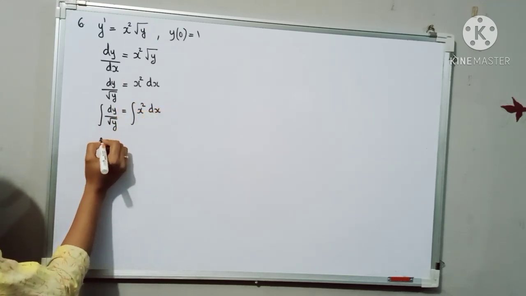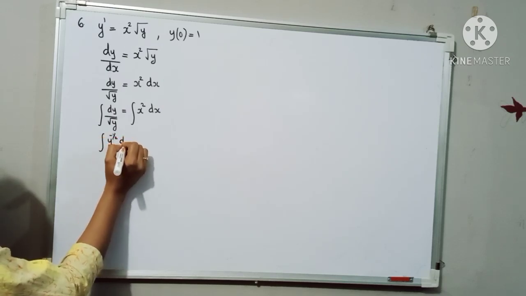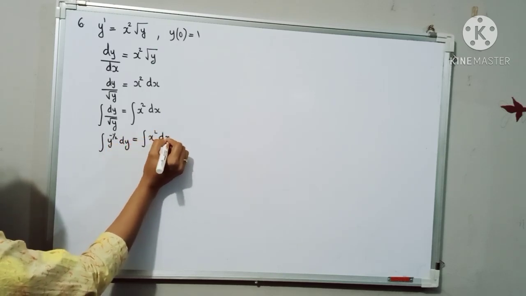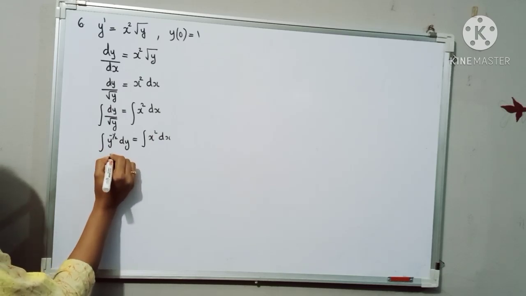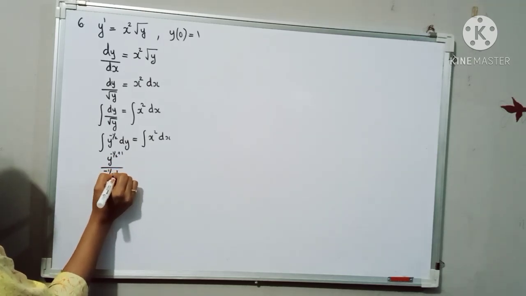Now this 1 by root y can be written as integral y raised to minus 1 by 2 dy, which is equal to integral x square dx. Now integral y raised to minus 1 by 2 is y raised to minus 1 by 2 plus 1 divided by minus 1 by 2 plus 1.